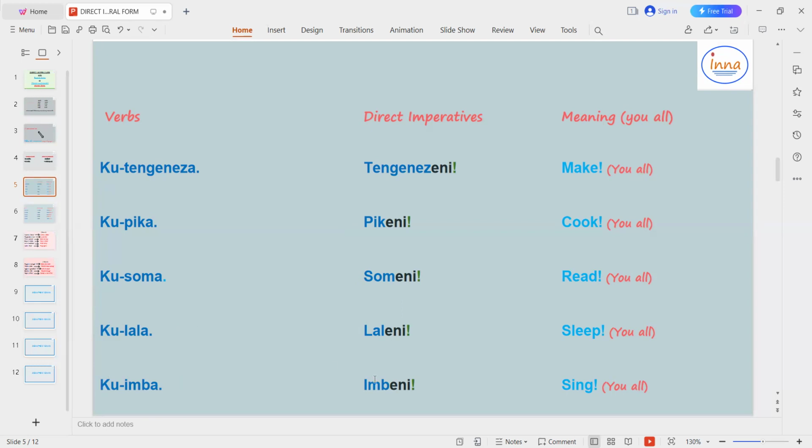Kuimba, imbeni. One more time. Kutengeneza, tengenezeni. Kupika, pikeni. Kusoma, someni. Kulala, laleni. Kuimba, imbeni. Okay, so these are the direct imperative verbs, and then we have more verbs here.